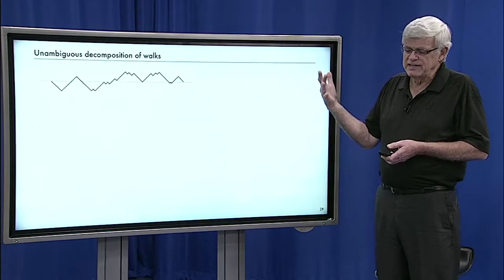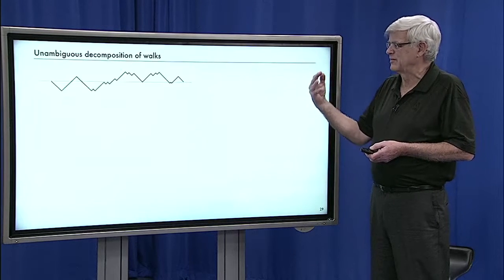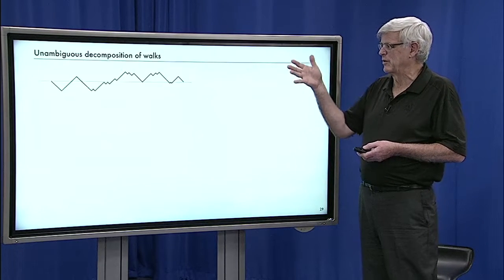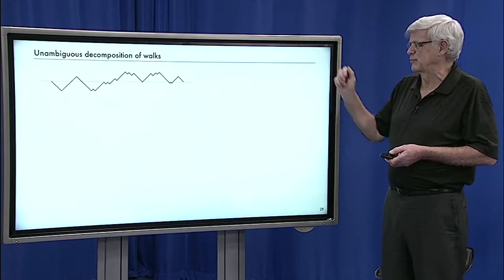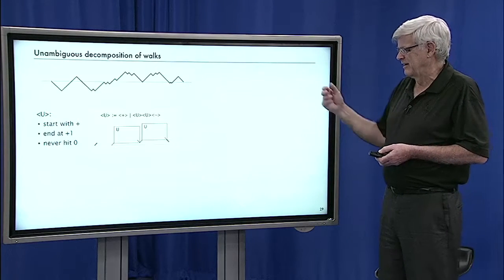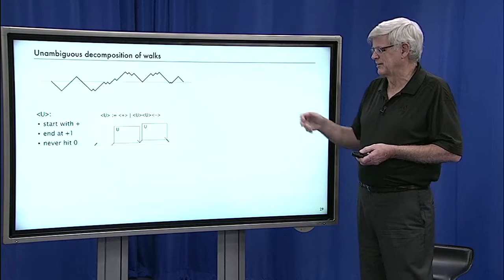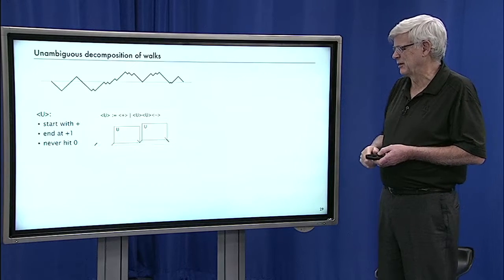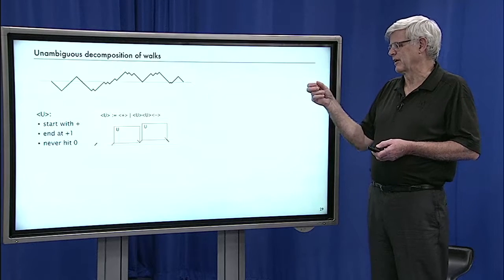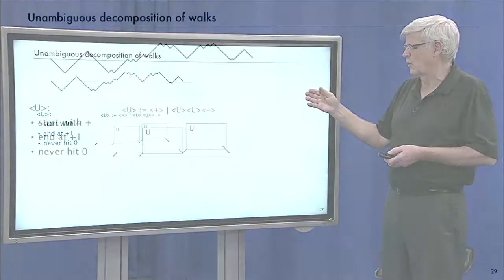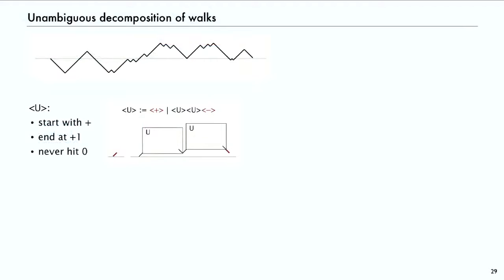And so the key to studying random walks in this context is to come up with an unambiguous way to decompose them. So that's a typical walk. And here's one way to come up with an unambiguous decomposition. First, consider the class U, where the walk always stays above the line, always has more pluses than minuses.